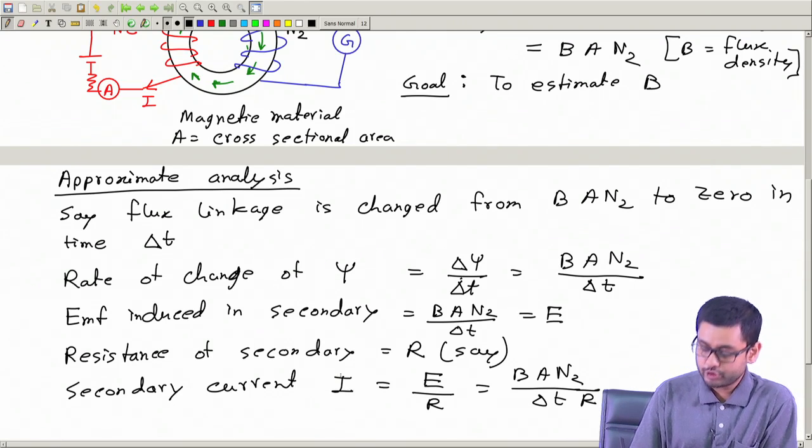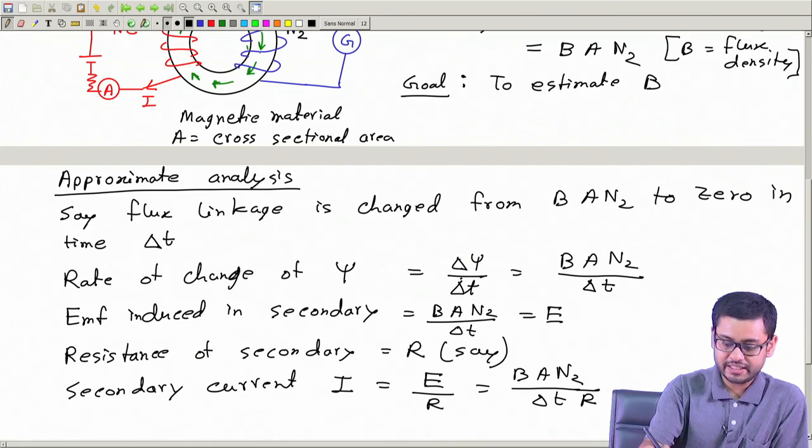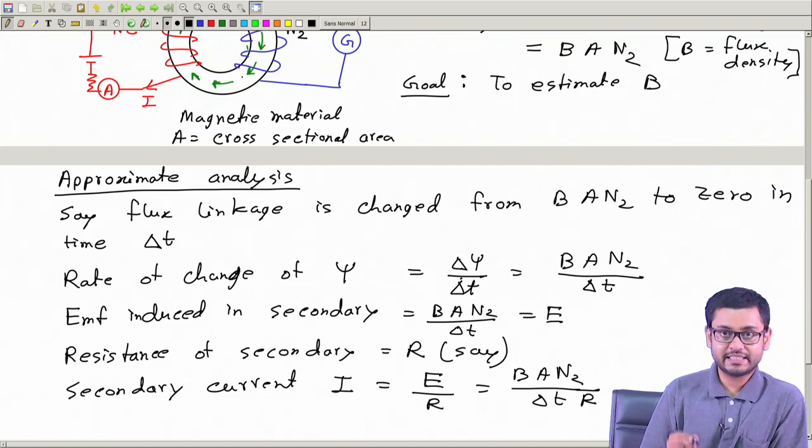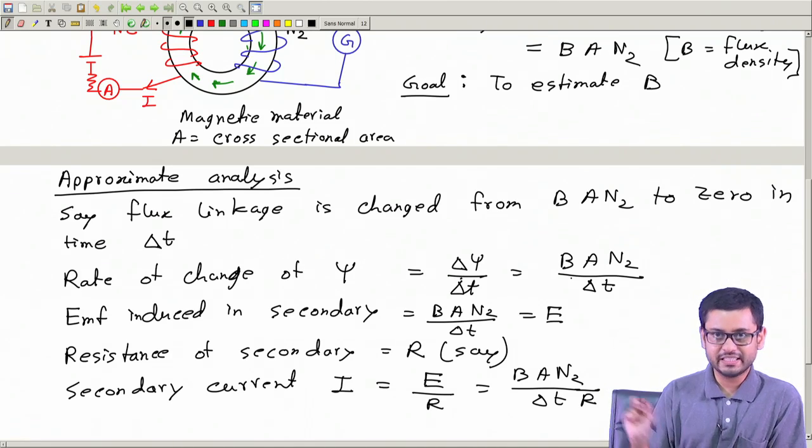Now, this current will flow only as long as this EMF is there, that means only as long as this flux linkage is changing, and the flux linkage changes within a time of delta t, approximately assuming.